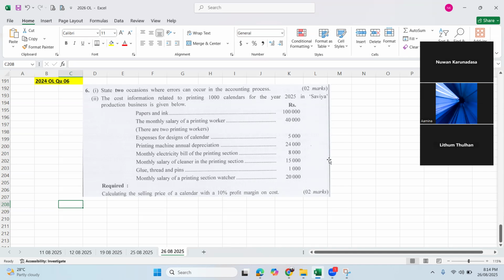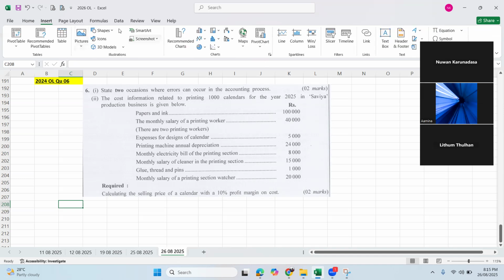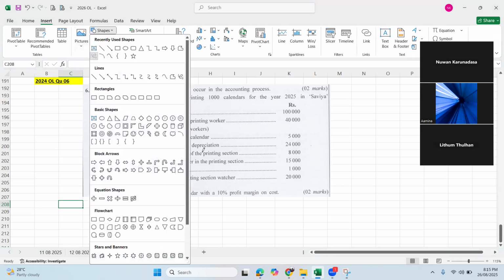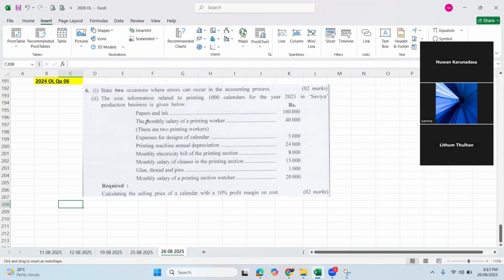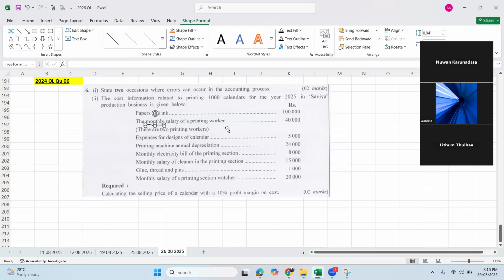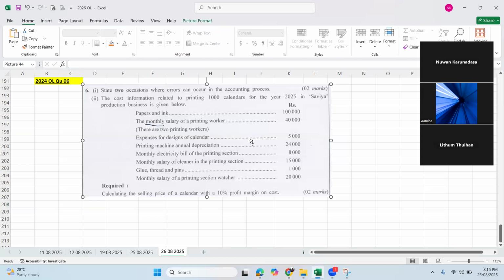The monthly salary of the printing worker. There are two printing workers. Then that is direct labor. This is given monthly, so you have to multiply that by 12 to get the annual. Then expense for the designing of the calendar, again other direct cost.